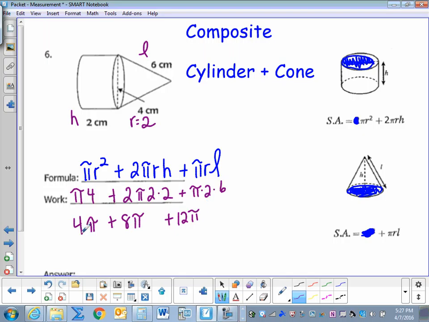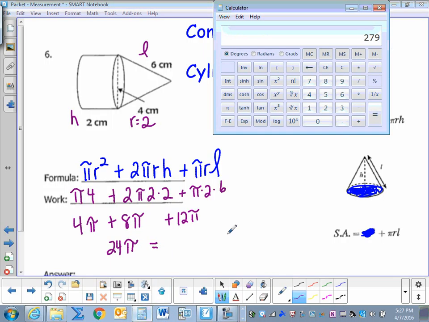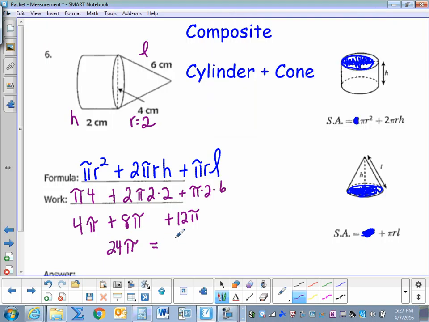So now I have 4 plus 8 plus 12, which is 24, and so we have 24 pi, which equals 75.36. 75.36 centimeters squared.